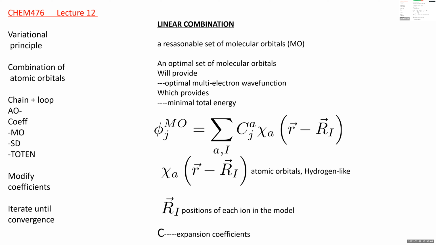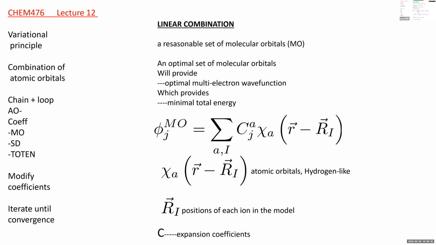So chi sub A, where A symbolizes things like S, P, D, spin up, spin down. Okay. So by adding together all SPD orbitals on all possible ions, we create a basis of atomic functions to represent a molecular orbital.